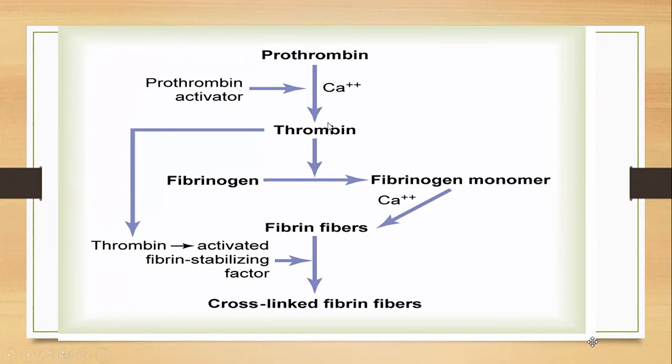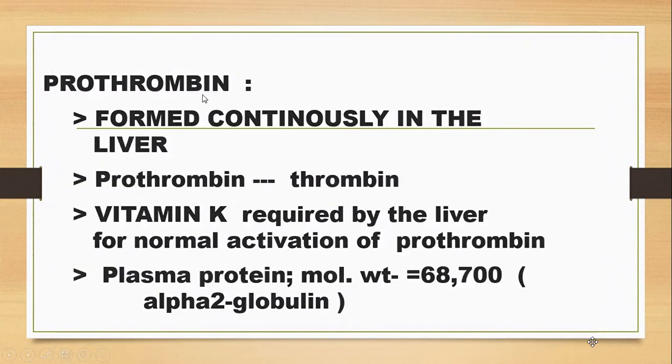Then the thrombin will act on fibrinogen, again in the presence of calcium, to form fibrin fibers, and then the fibrin fibers cross-link to become the clot. So this is the summary of the steps in blood clotting. So prothrombin, where does it come from? It's continuously formed in the liver.